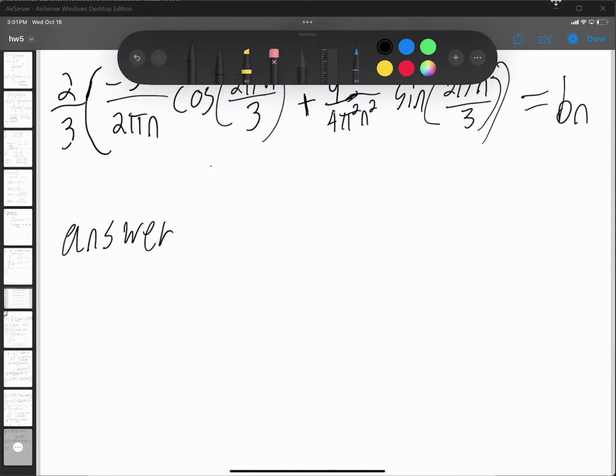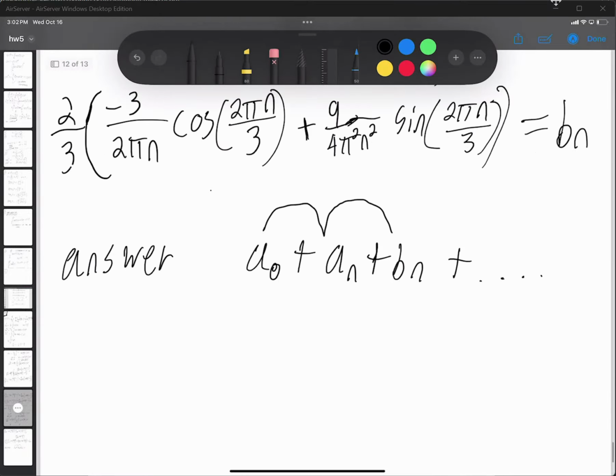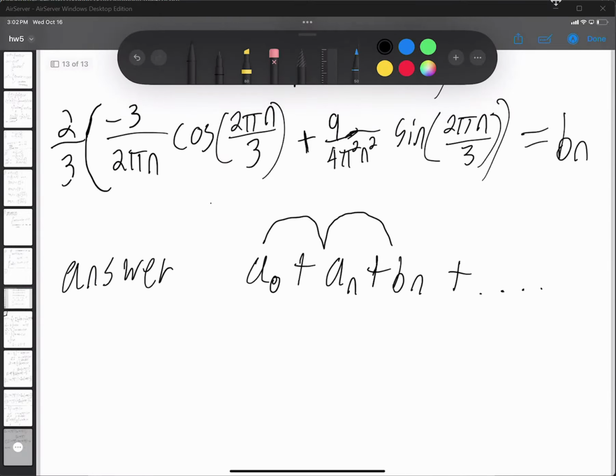Or you could just write a0 plus a of n plus b of n plus dot dot dot. That can be your answer. Because that's what you just solved for, what they're equal to. You're just using them as a substitution, because it's too much to write it out, for me at least. I don't want to do it, because you're solving for all the summations.